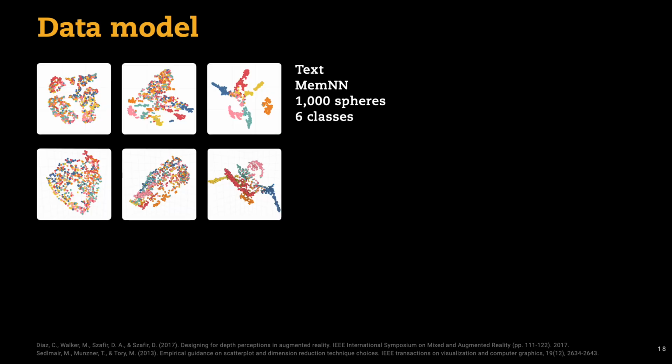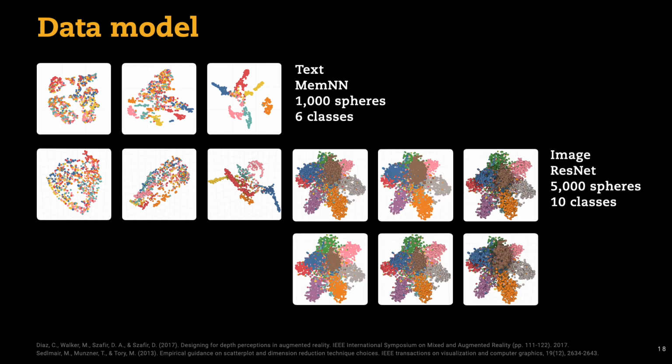And finally, we consider different data models. They mean different cluster shapes and different numbers of data points. First, we have a text dataset trained on a memory neural network to generate 1,000 spheres and 6 different classes. Also, we have an image dataset trained on a residual network to generate 5,000 spheres and 10 different classes.